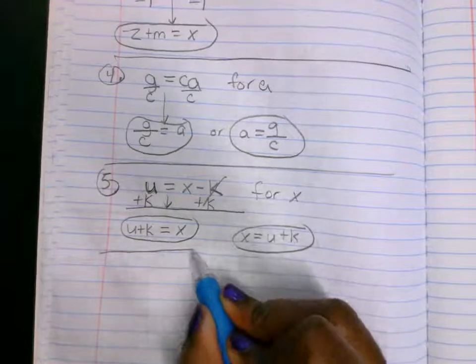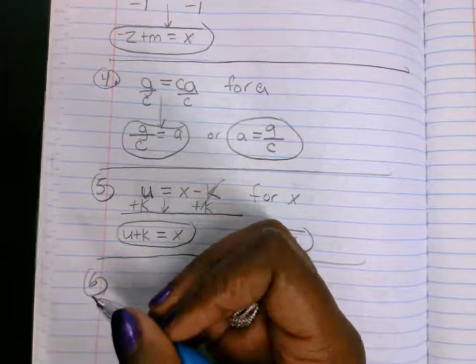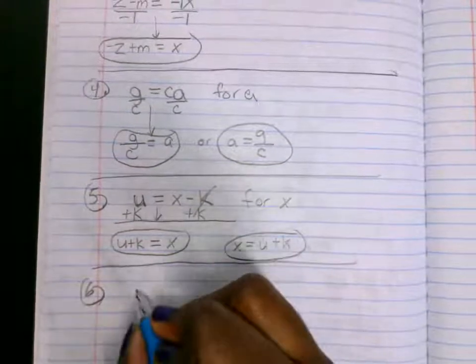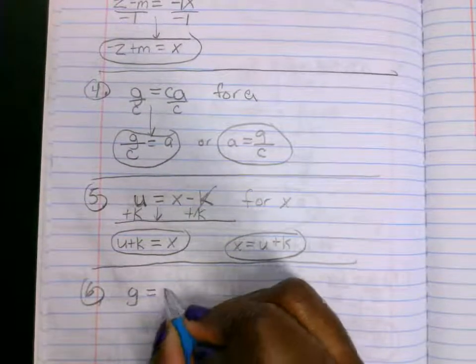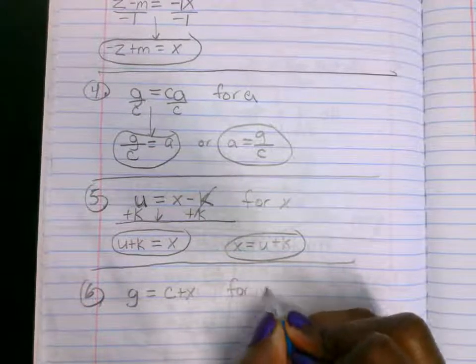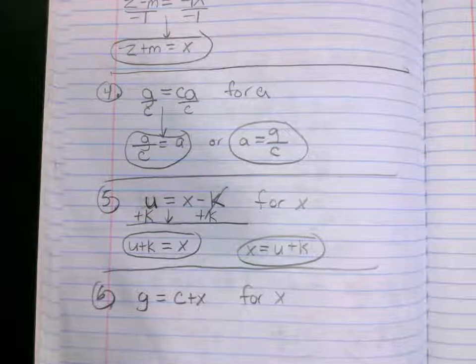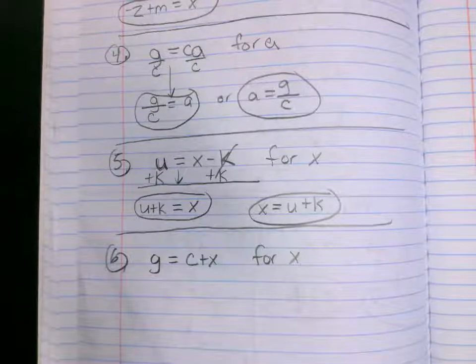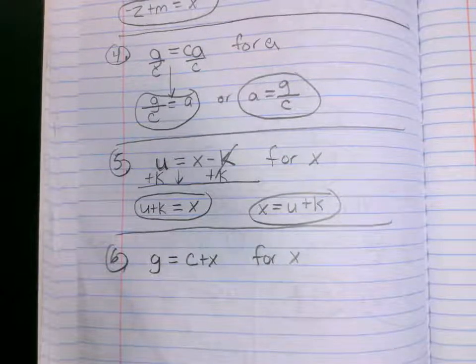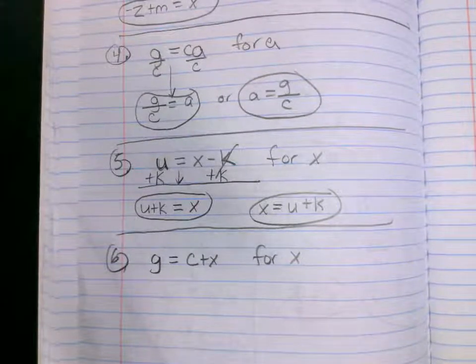All right, let's do 6. G is equal to C plus X. We're solving again for X. All right, we ready? Okay. What are we going to do here to get X by itself?